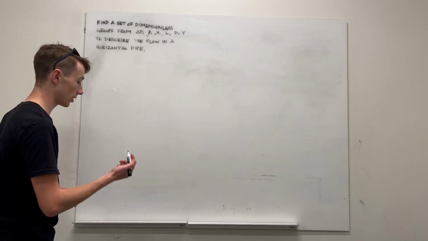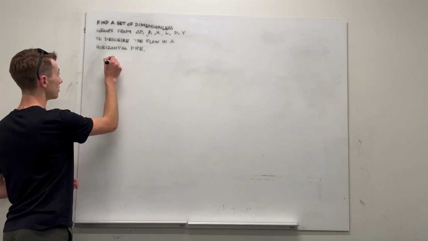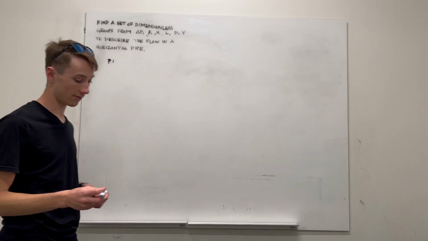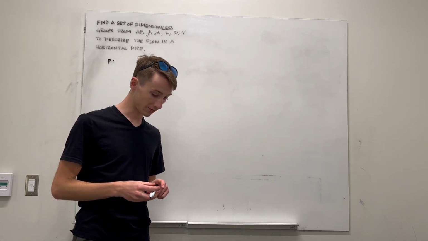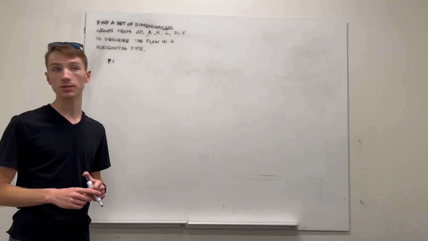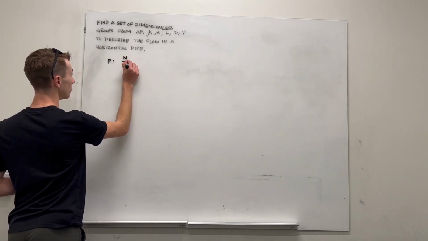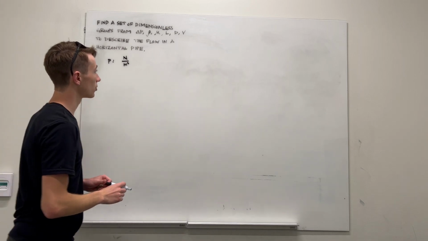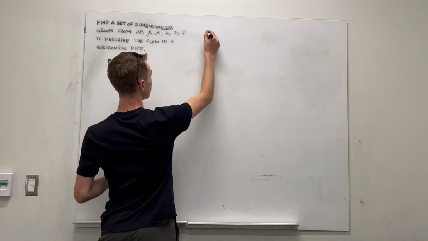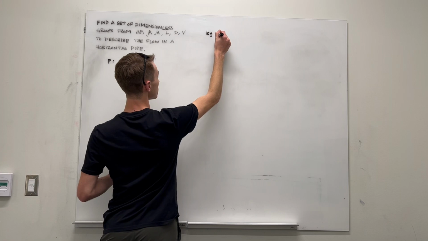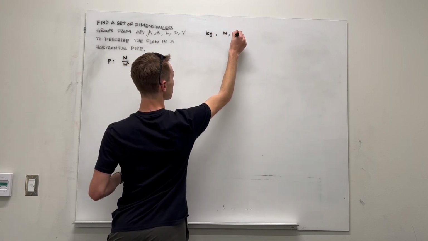Okay? So pressure, first of all, has units we know of. It's a force over an area, so like a Newton per meter squared, right? And remember, we're trying to get all of these into units of kilograms, meters, and seconds.